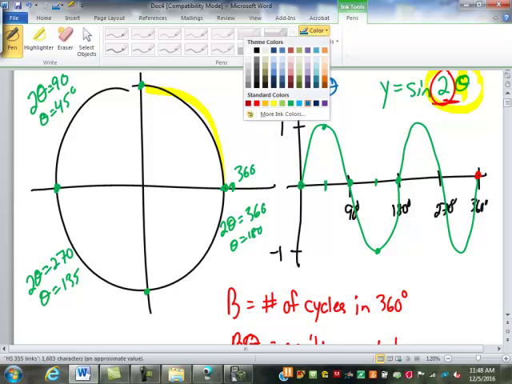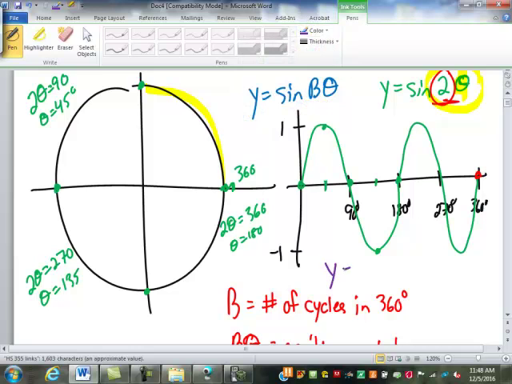So if I wanted to look at, let's say, y equals cosine of 3 theta, how many full cycles are there going to be in 360 degrees? 3 full cycles. One cycle then will be, if 3 theta equals 360, dividing by 3 gives me that 1 cycle will be in 120 degrees.